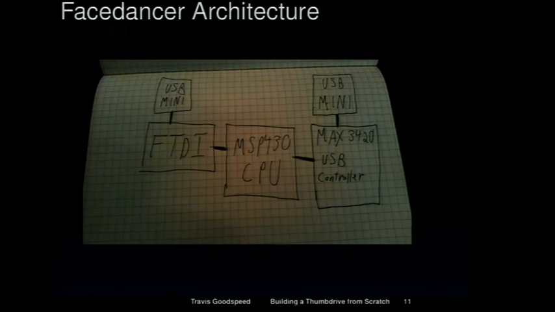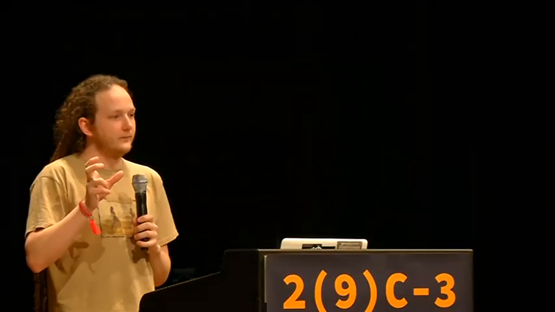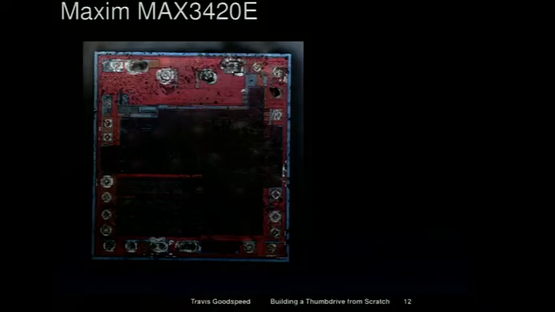Or in the upcoming model, we use a 3421, which can also do host. And then the Python client software just sort of shuffles packets over the FTDI chip into the MSP430, which takes care of handling the 3420 chip. This is the MAX3420. It's a minimal USB device controller. Its only purpose is to adapt from USB to SPI, which is a more common embedded bus.